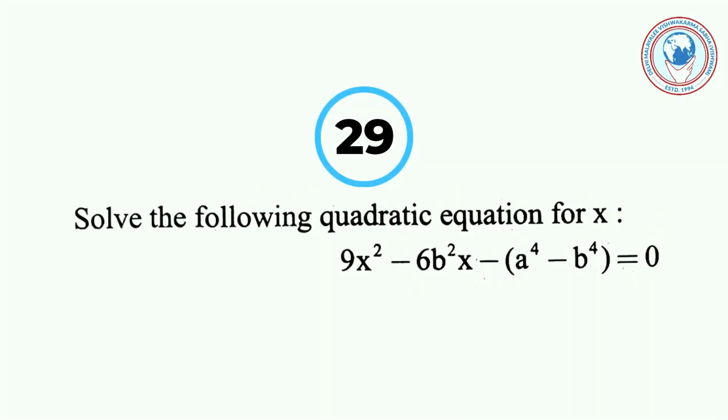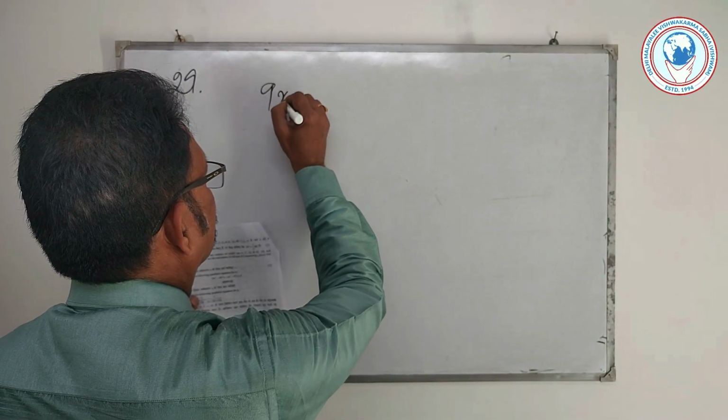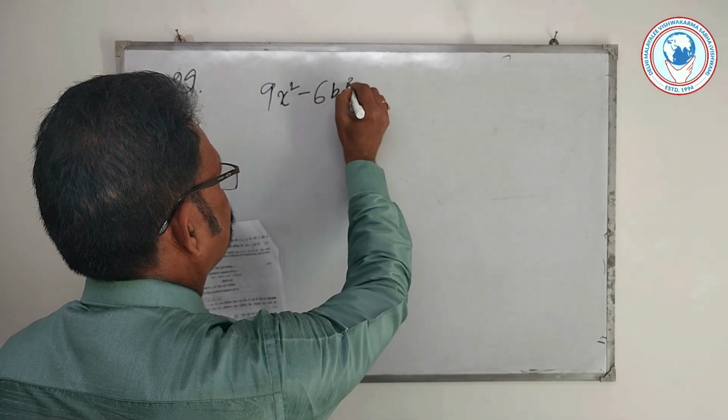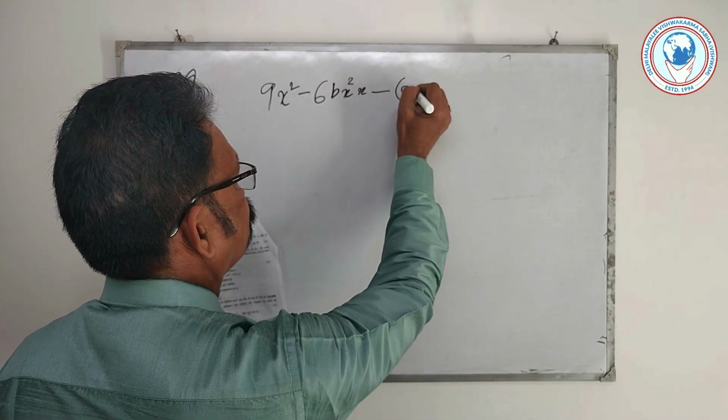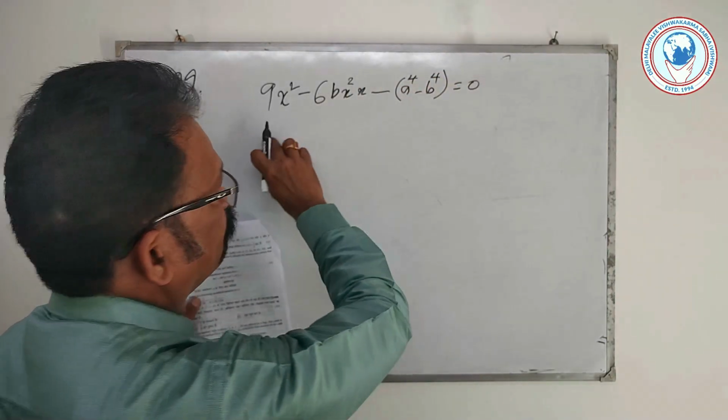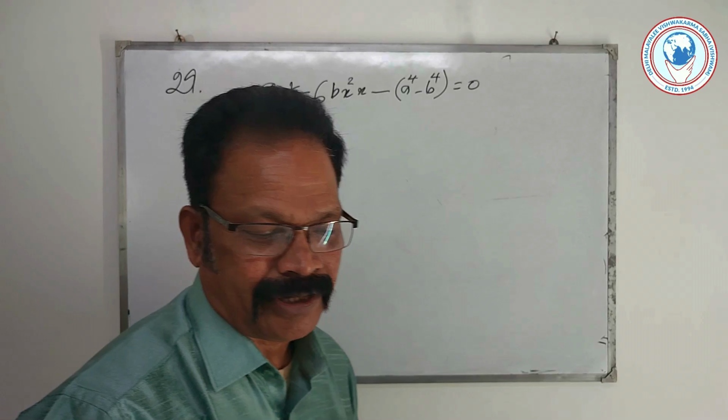Question 29. Solve the following quadratic equation for x. 9x square minus 6b square x minus a raised to 4 minus b raised to 4 equal to 0. This is a quadratic equation.